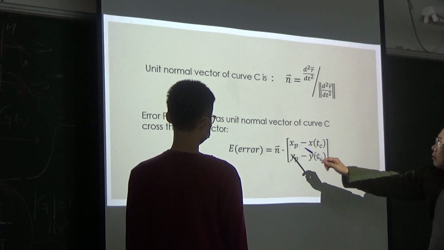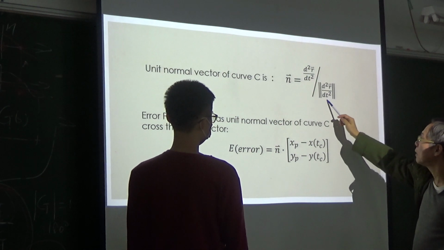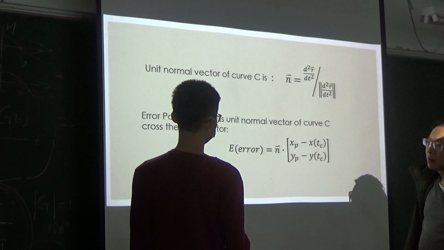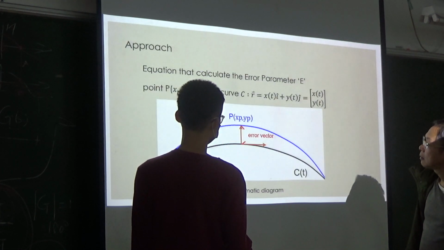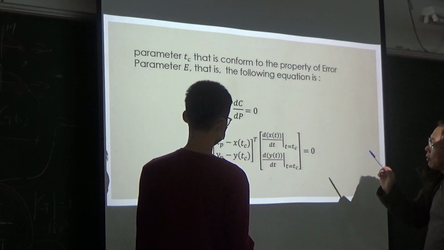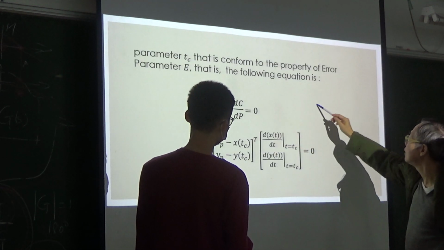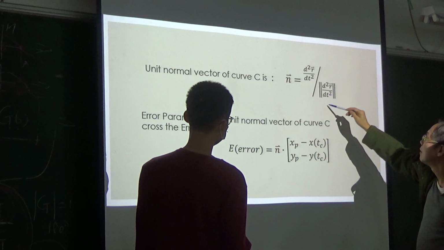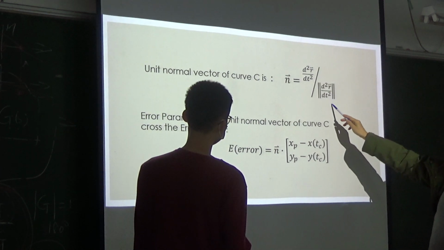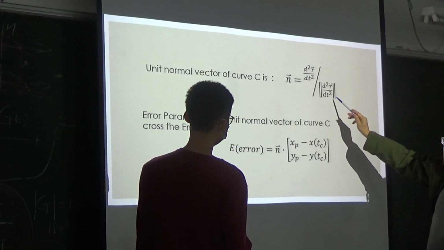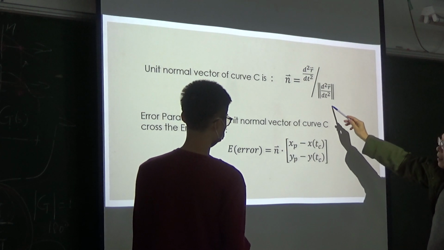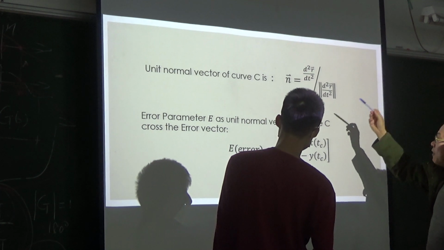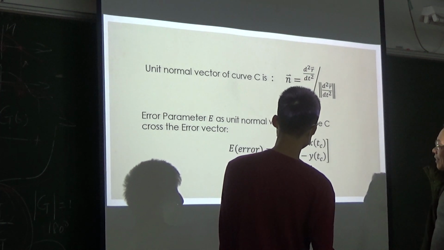So this normal vector is evaluated at where? Which t? This normal vector evaluated at TC, of what? This is a function of time, right? So which t do you evaluate? TC. If this is TC, then next.